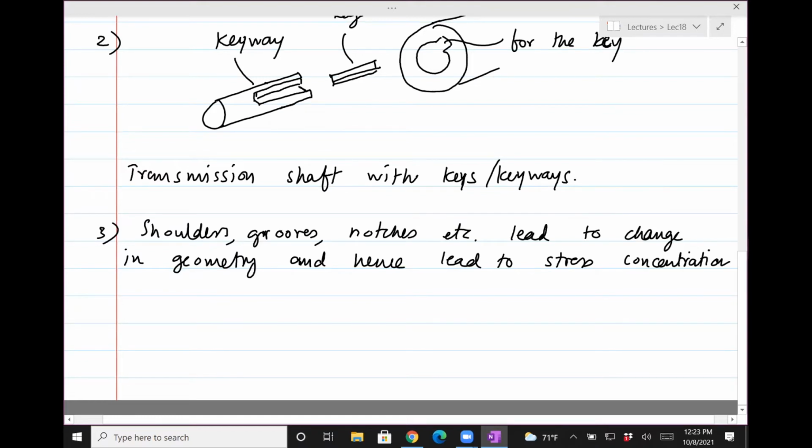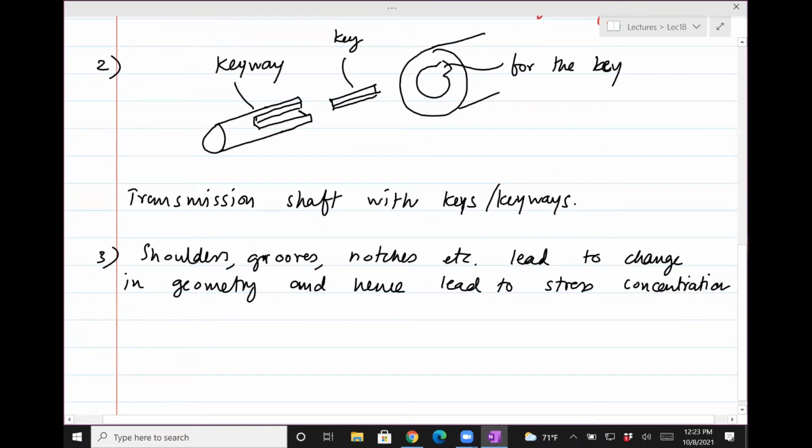Okay, so the way we quantify the stress concentration is, there's a factor called the stress concentration factor, and I'll just define it.